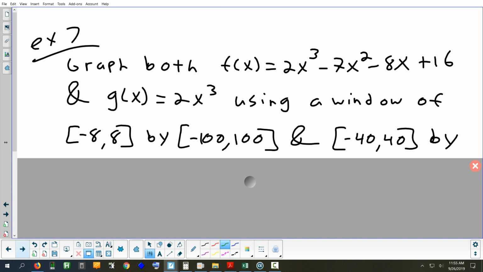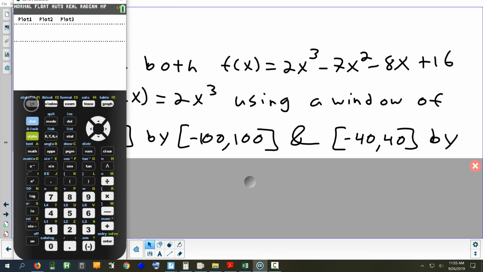They first tell us to graph it in this window, your x min and max and then y min and max. Let's see if they look the same. 2x cubed minus 7x squared minus 8x plus 16. And put in the EBM, 2x cubed.